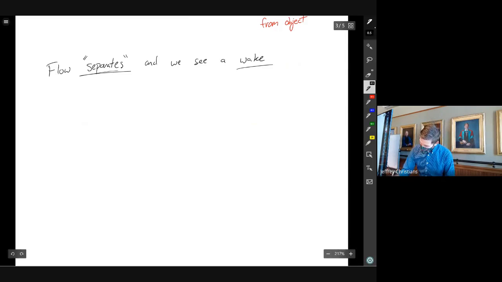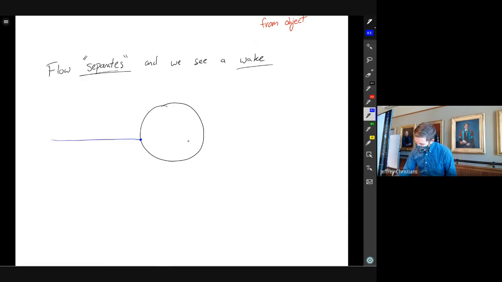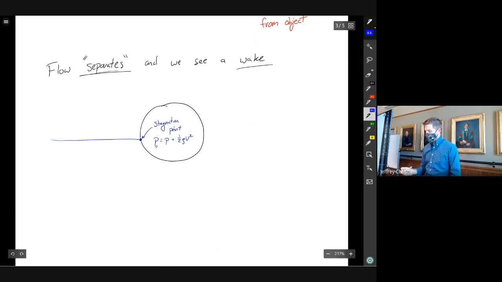So what effectively happens, we have our object here, our ball. On the front side of the object, things behave as we would expect. We still have our stagnation point where P equals P plus 1/2 rho V squared. So that all behaves as we think it should.